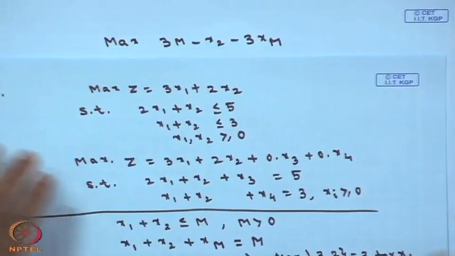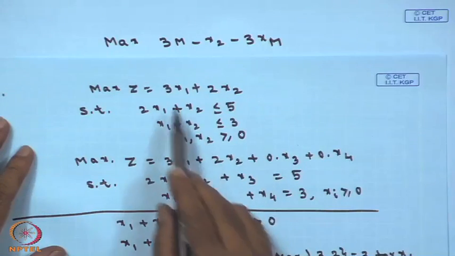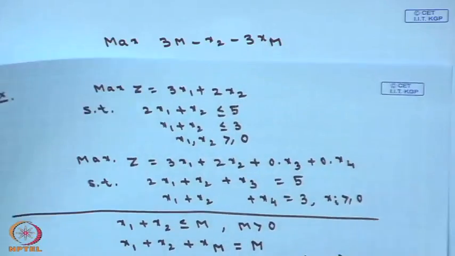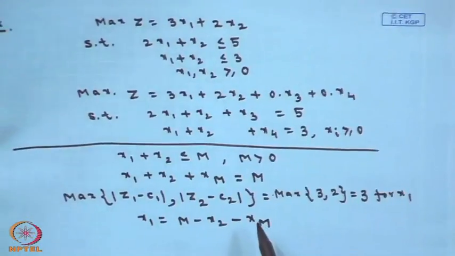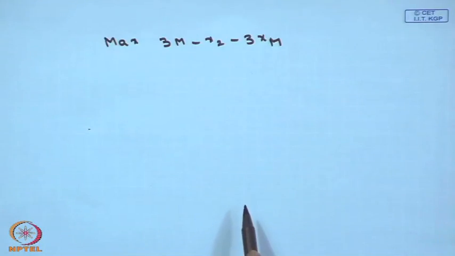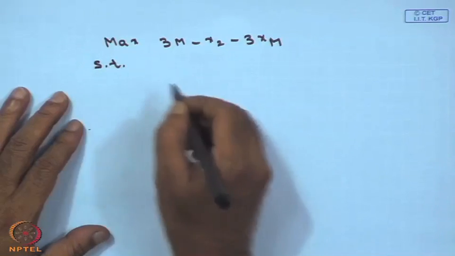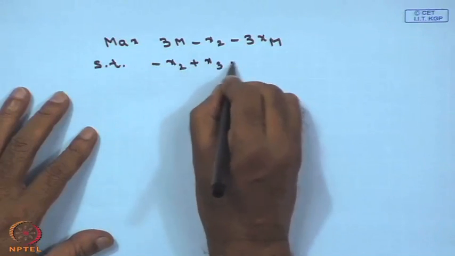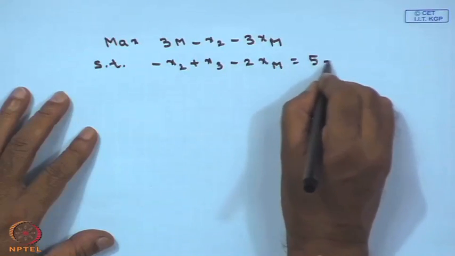You see here, put the value of x1 as m minus x2 minus xm, so automatically you will obtain 3m minus x2 minus 3xm, and also replace x1 by m minus x2 minus xm in the constraints also. So, whenever you are putting it in the constraints, you will obtain minus x2 plus x3 minus 2xm, this equals 5 minus 2m.